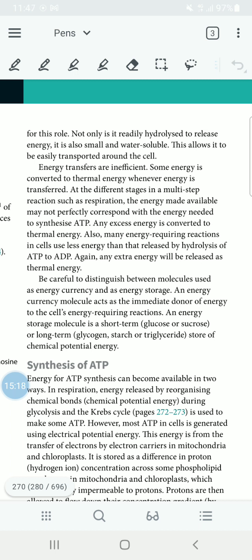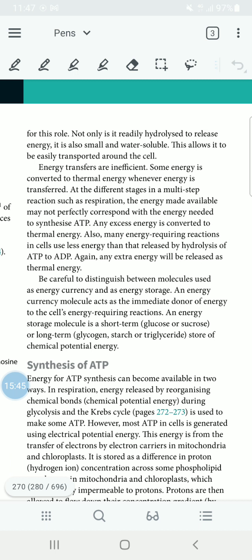Number one, it is hydrolyzed easily to release energy. Number two, it is water soluble.